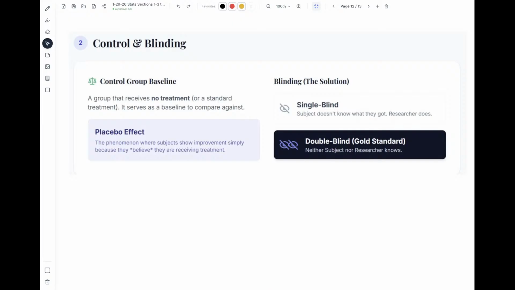Because if the doctor knows you're in the placebo group, you're in the control, you're not getting the drug, and you're telling me you're getting better, the doctor's going to go, huh? Or the doctor might not treat you the same way in terms of the way they're working with you or the tests they're going to run or whatever else because they know you're not getting the drug anyway. So that's why you want that double blind.